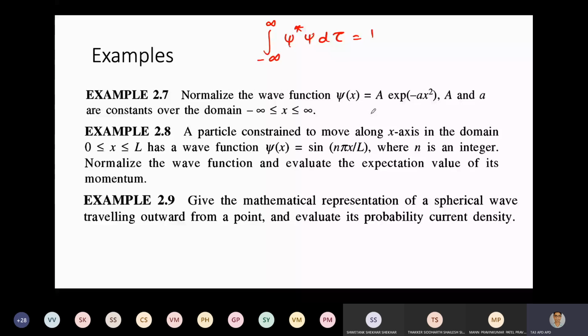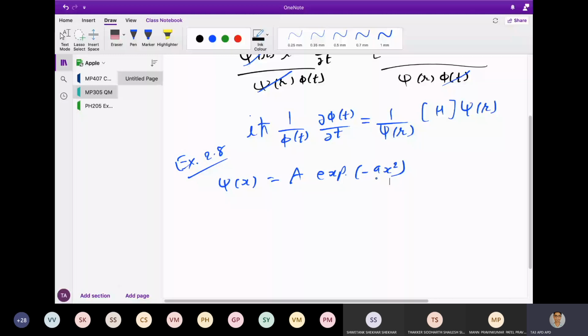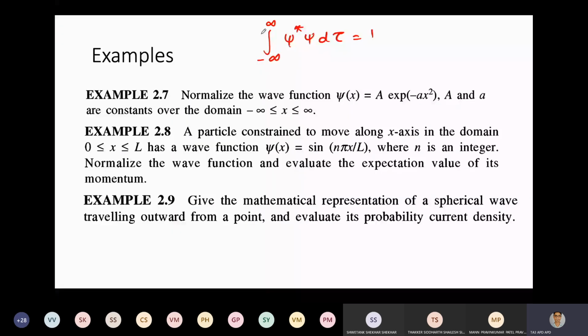This is the wave function, and we want to normalize it. This is just in one dimension, only in the x dimension, so over here we take the dx integral from minus infinity to infinity.